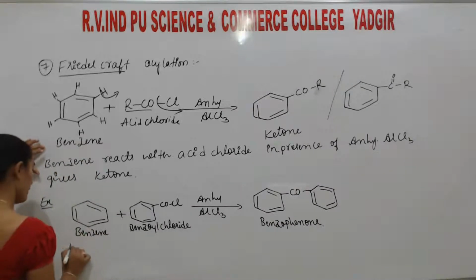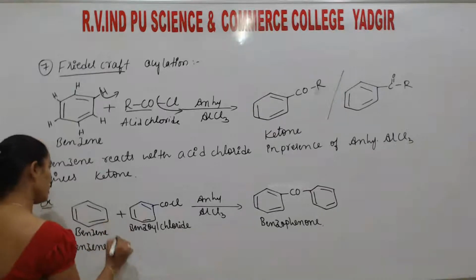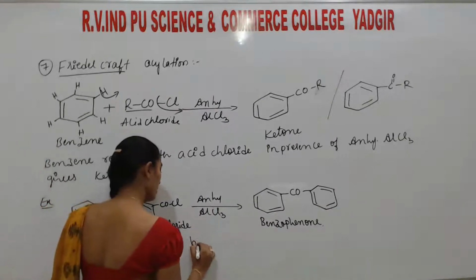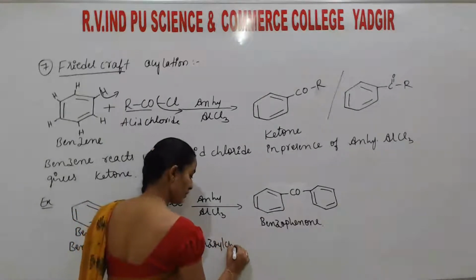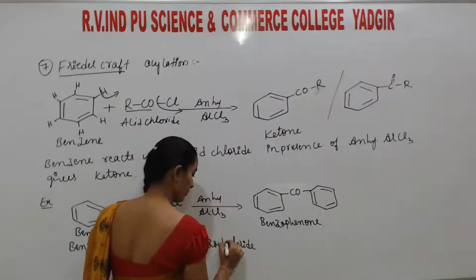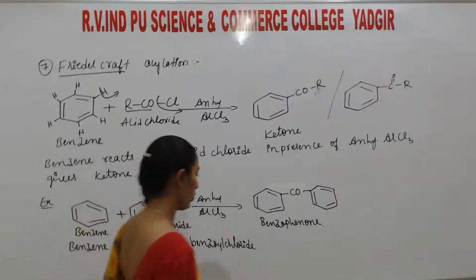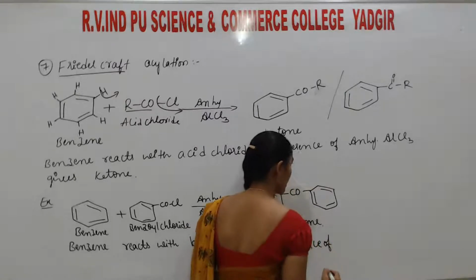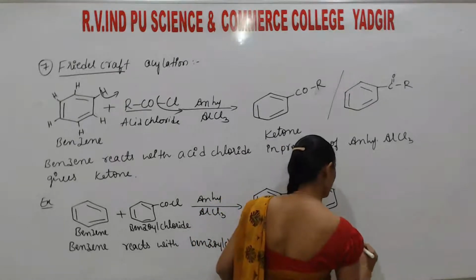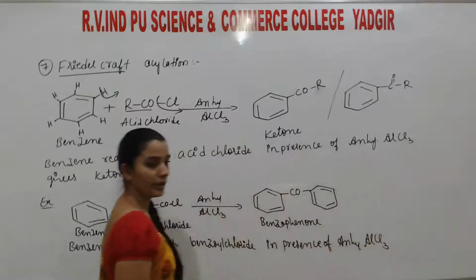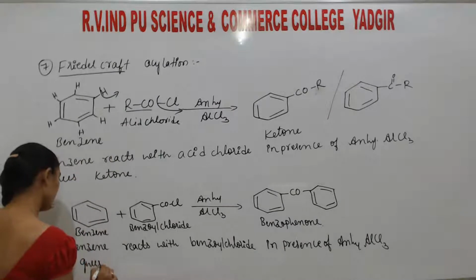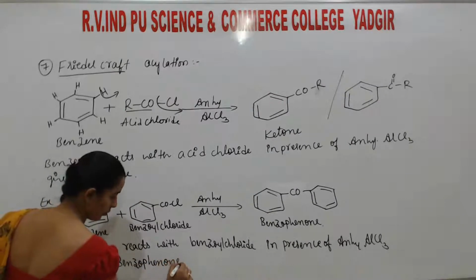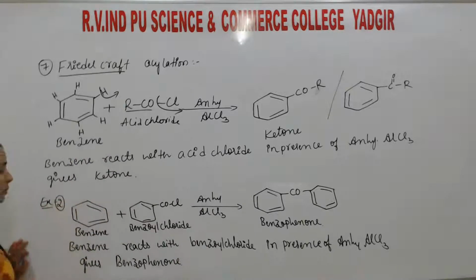So here benzene reacts with benzoyl chloride in presence of anhydrous aluminium chloride gives benzophenone. So this is example number 2.